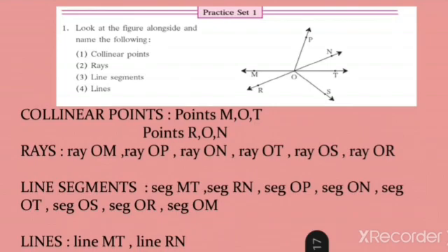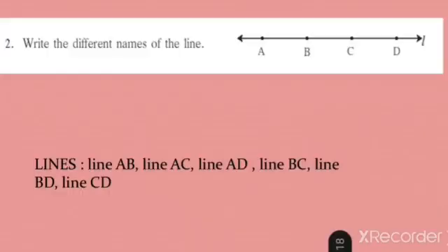Fourth, lines. We have studied that lines have arrows at both the ends. So here in the figure, we have line MT and line RN. In the second sum, they have given the figure where there is a line L which has points A, B, C and D. And we have to write the different names of the line.